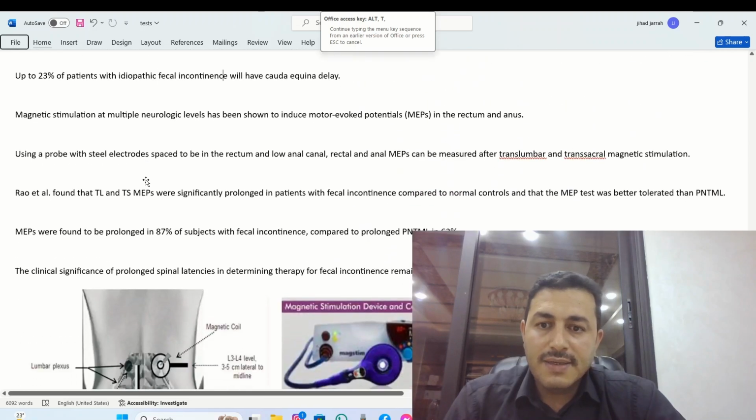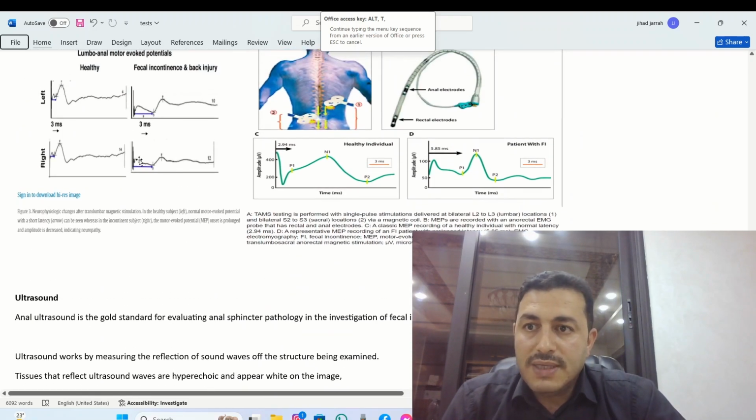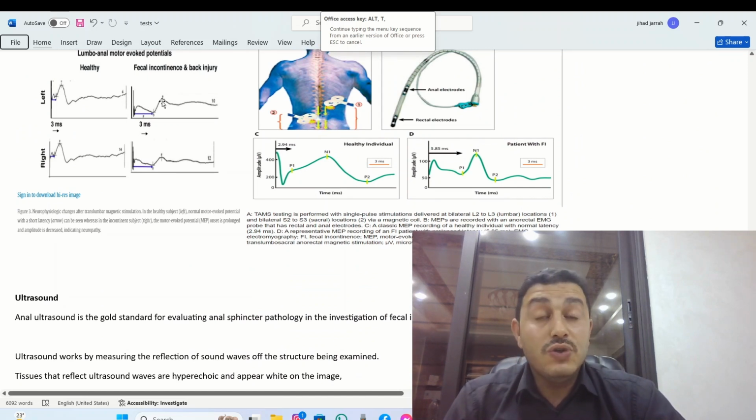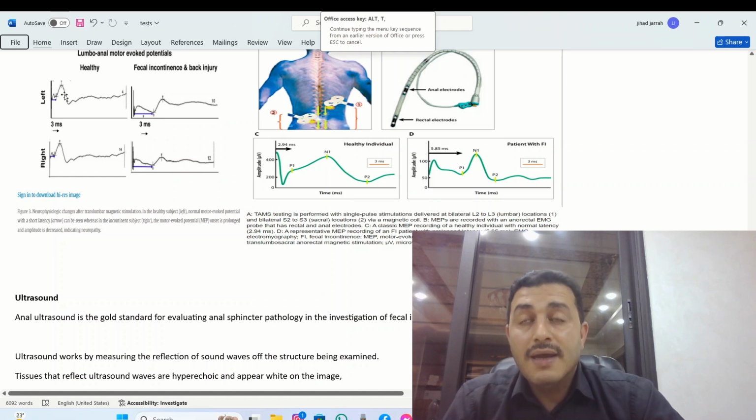But if it is prolonged, as you see here, this is a patient suffering from fecal incontinence due to back injury. Here you can see the stimulation and the time to detecting the contraction. We call this the motor evoked potential, or MEP.